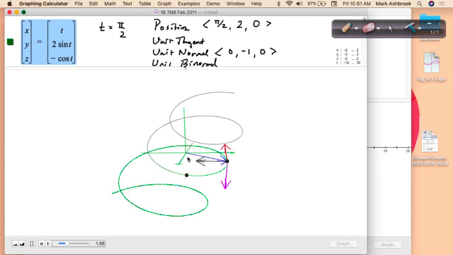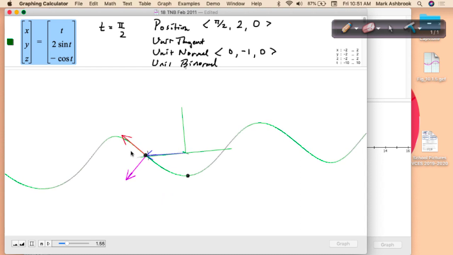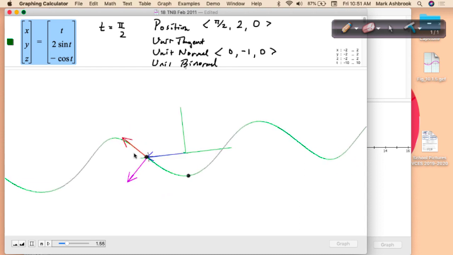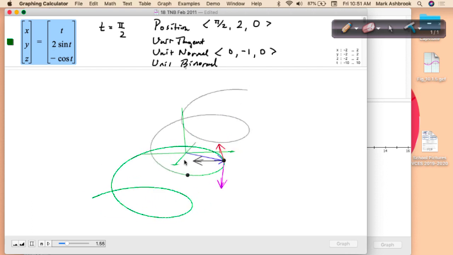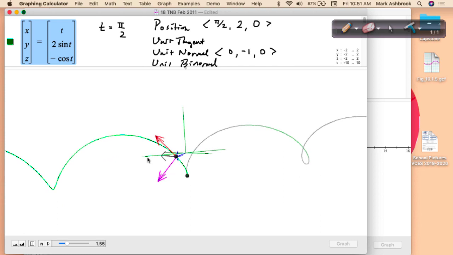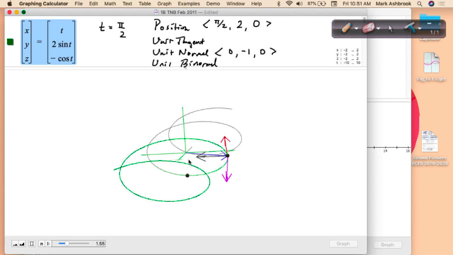Okay, how about the remaining 2? Is there one that we can get? Which of those 2, tangent or binormal, would be straightforward to get? Unit tangent. And where does that come from? It's the unitized vector derivative function. The unit tangent is the vector derivative function, just then normalized, or unitized, which means magnitude 1.